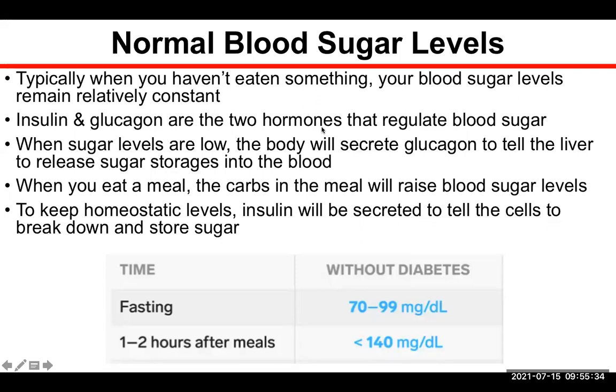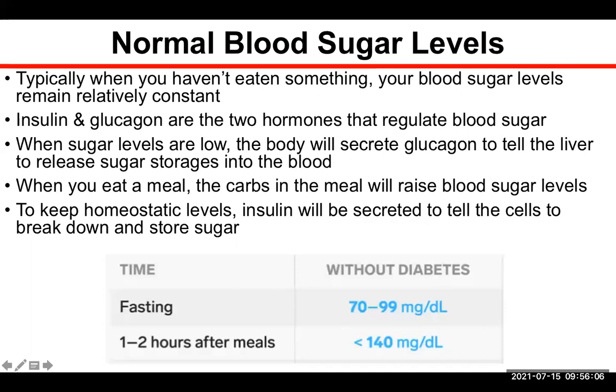When you haven't eaten for some time, which is what fasting refers to, your blood sugar level usually stays within the 70 to 99 milligrams per deciliter range. This is typically going to be mediated through glucagon. If your sugar levels are too low, the glucagon is going to get produced and tell your body to release sugar into the blood so it stays within this range.